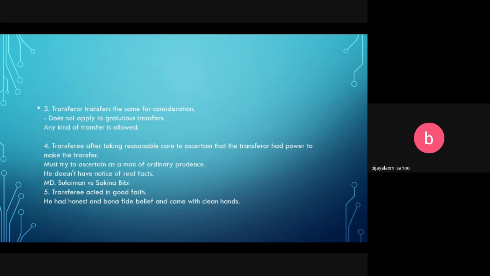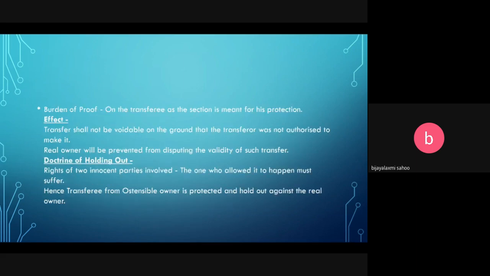Fourth, the transferee, after taking reasonable care to ascertain that the transferor had power to make the transfer, is satisfied that in fact the transferor had power to make the transfer, and the transferee acted in good faith. When all these five ingredients are satisfied, then the effect shall be that the transfer shall not be voidable on the ground that the transferor was not authorized to make it.